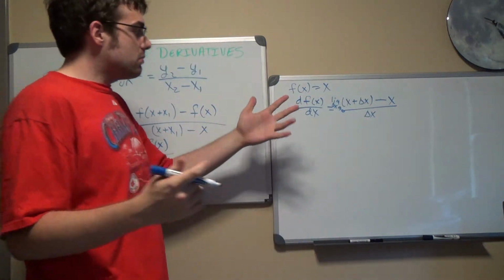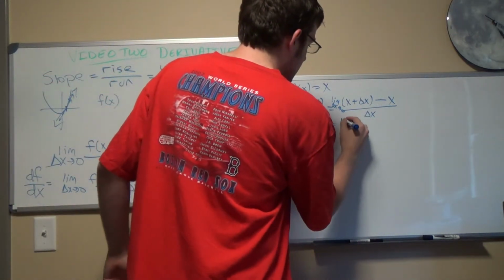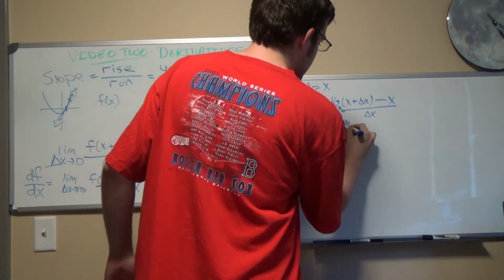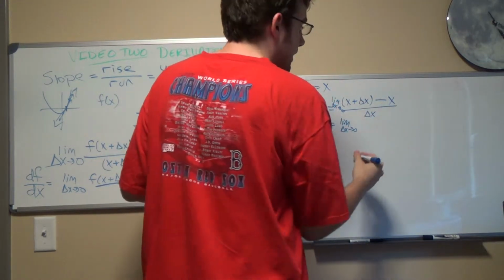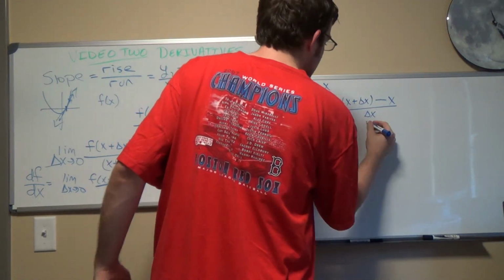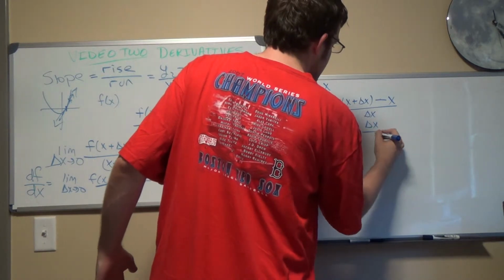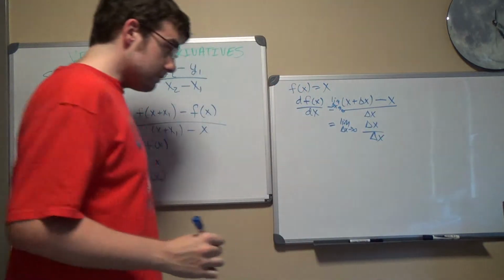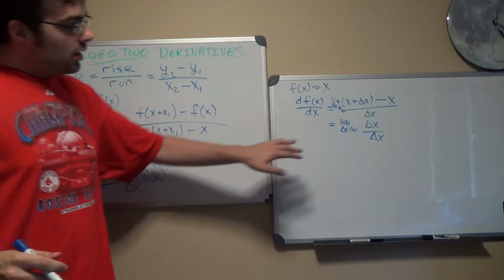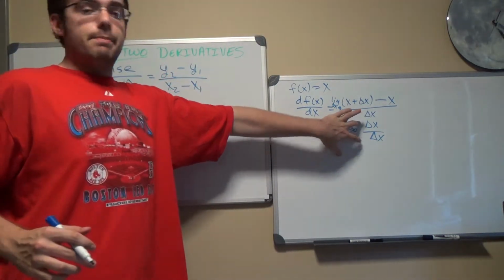So here we can just set the limit as delta x approaches 0 of x plus delta x minus x. That gives us delta x divided by delta x. These are the same.